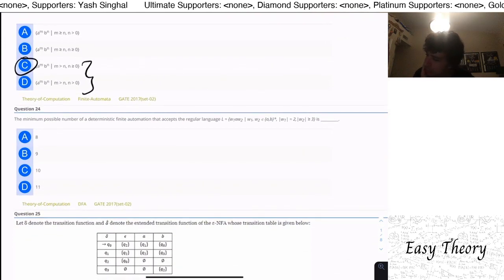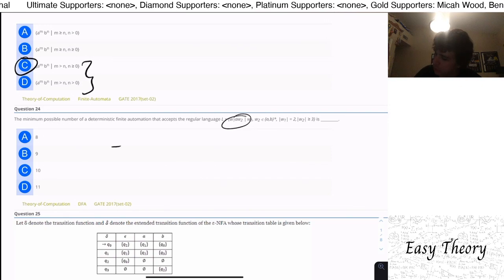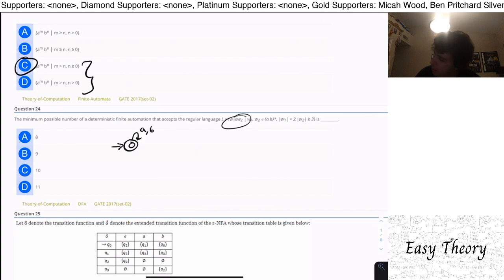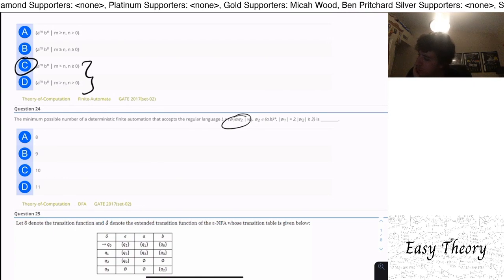Minimum possible number of states that accepts this regular language. So let's just do it the old-fashioned way, make an NFA out of it. Oh, no, that's not right. So the length of the first part is 2, and the length of the second part is at least 3.